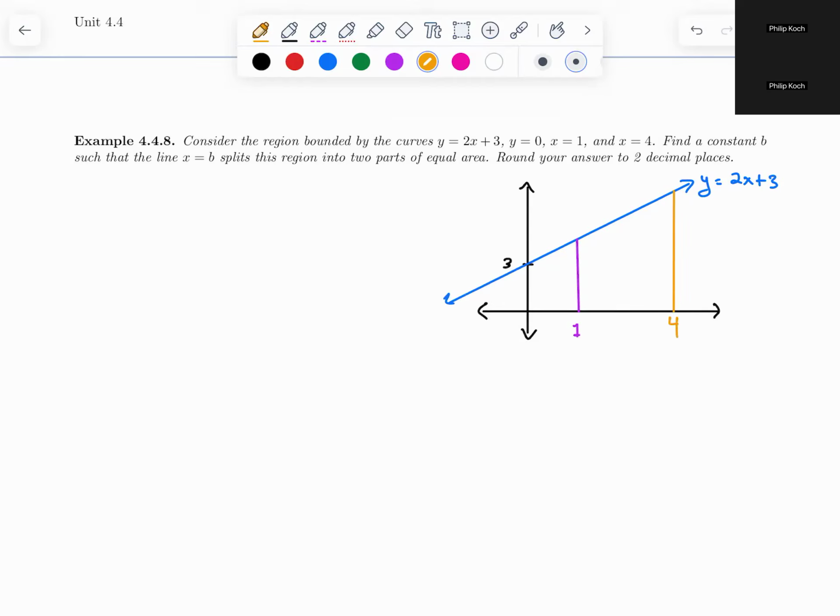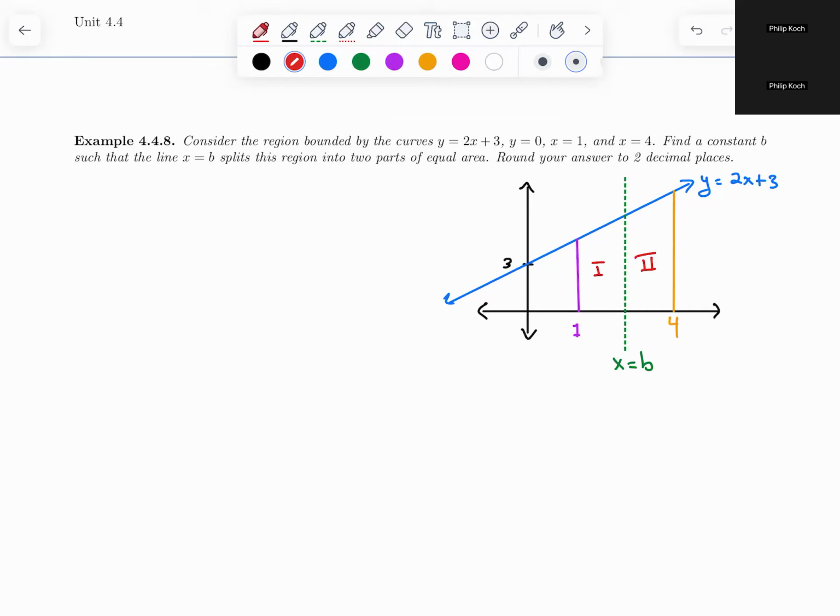And we're trying to find a vertical line x equals b that splits this region into two equal parts. So here is line B, or x equals b, and we want the area of region 1 to equal the area of region 2. That's what we want to do, right?